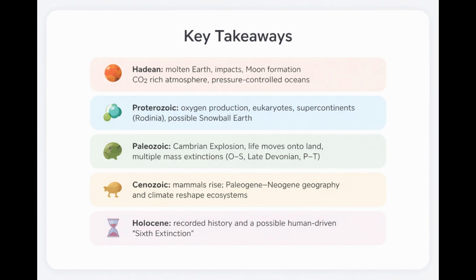The Paleozoic shows rapid diversification, the move onto land, and several mass extinctions that reset life. The Cenozoic highlights mammal dominance and the way geography, like closing seas and forming land bridges, drives climate and migration. And in the Holocene, humans become a major driver of change, with biodiversity loss sometimes framed as a sixth mass extinction.